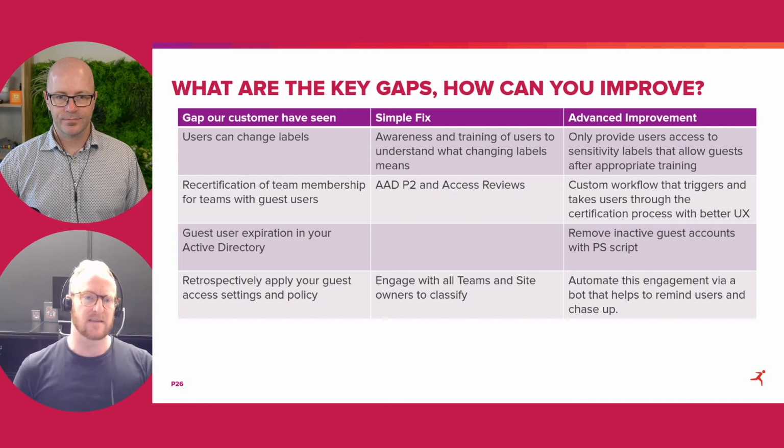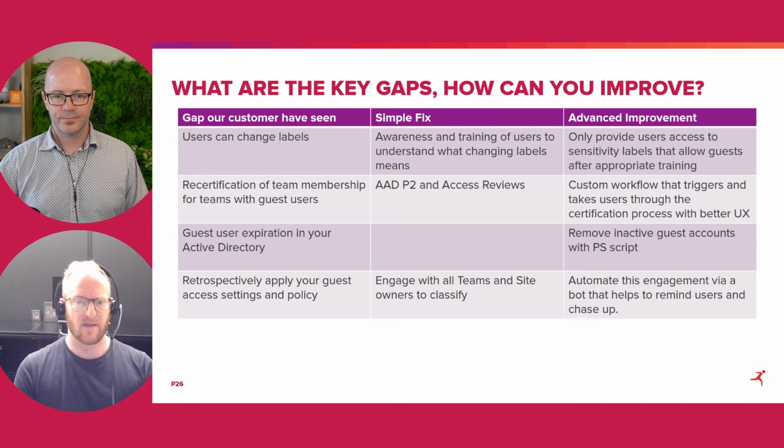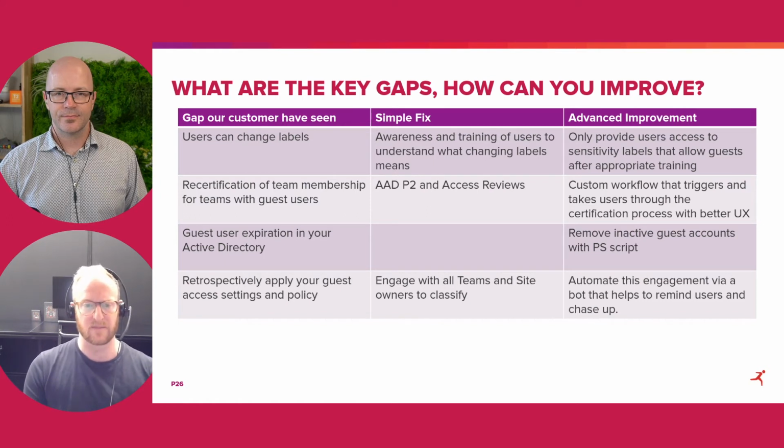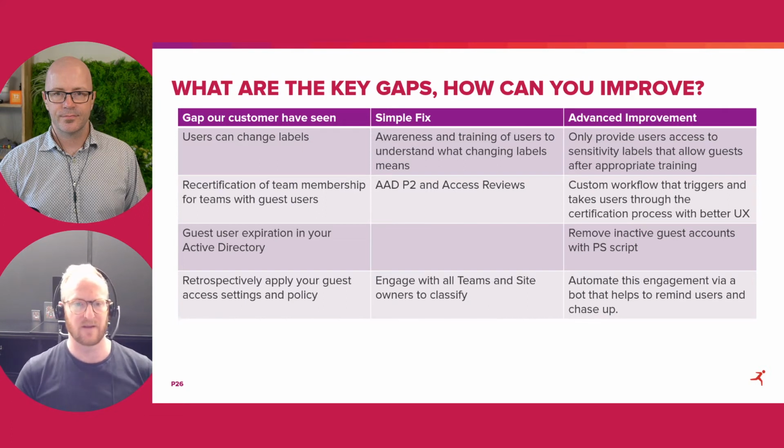Now, the next is, once you allow guests into the environment and you're allowing team owners to do that, the team owners have to take ownership, right? They have to be responsible. So off the back of that, there always becomes the concept of access reviews. The team owners saying, yep, I'm happy that these people still have access to the team. And you might want to do that every 6 months.